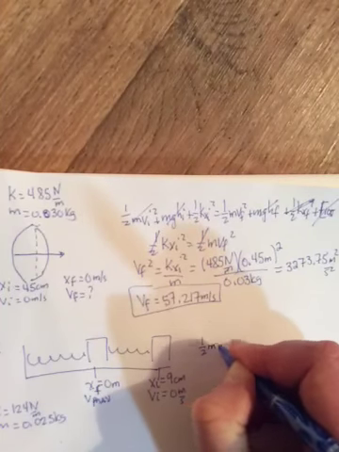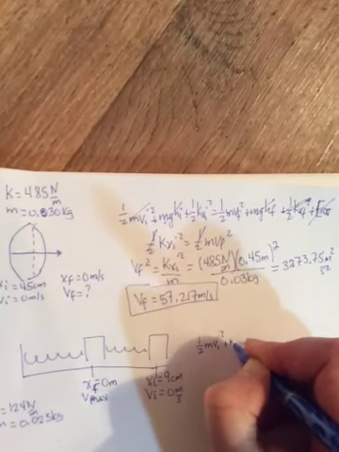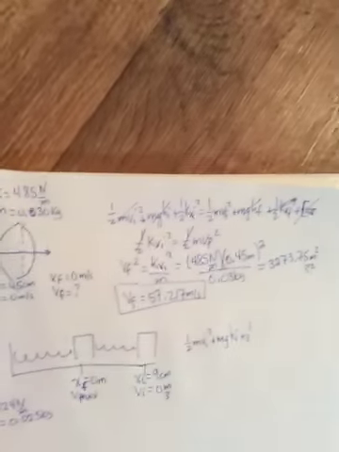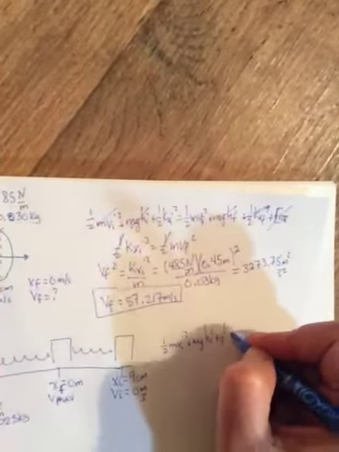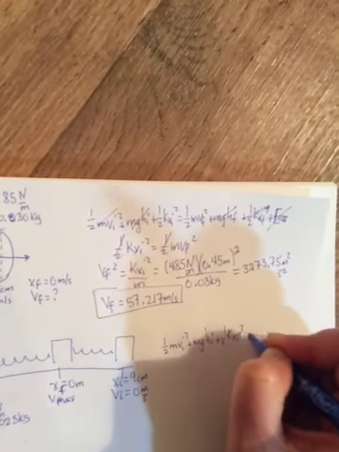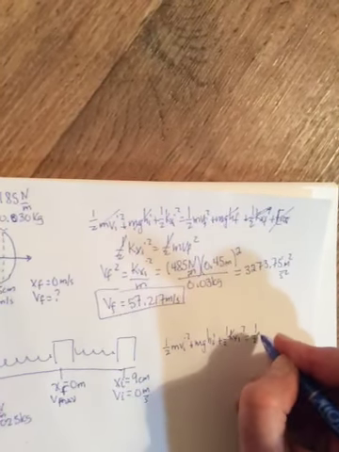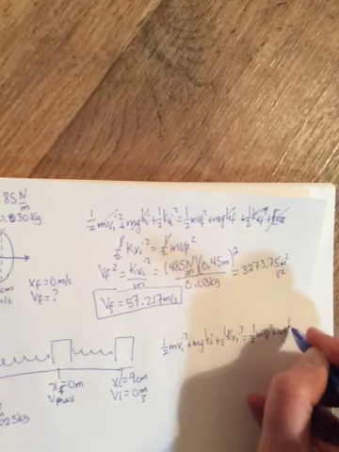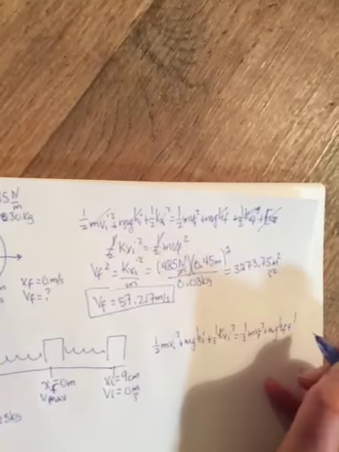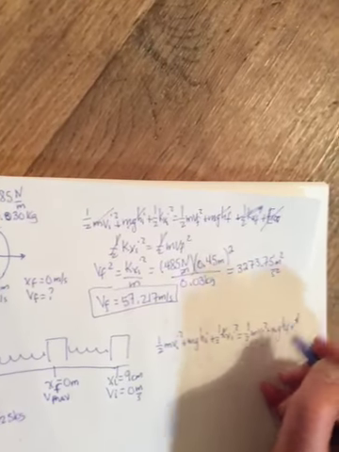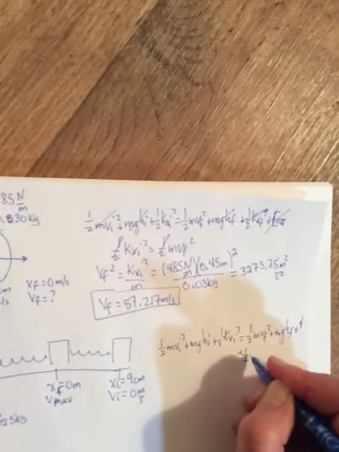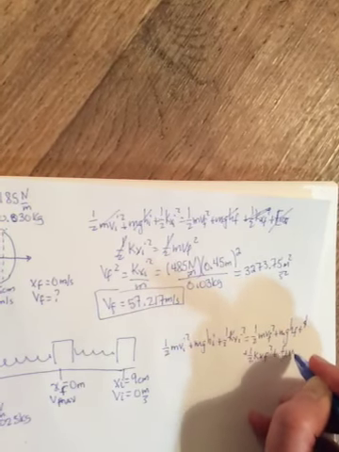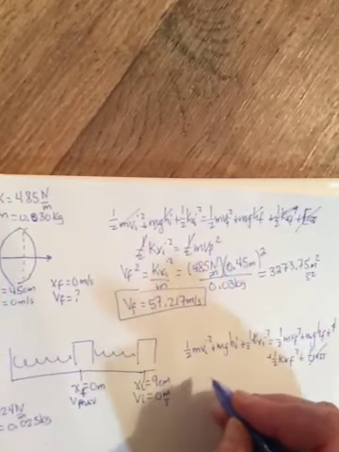So 1/2 mv initial squared plus mgh initial plus 1/2 kx initial squared equals 1/2 mv final squared plus mgh final plus 1/2 kx final squared plus E lost. All right, no E lost. It said frictionless.